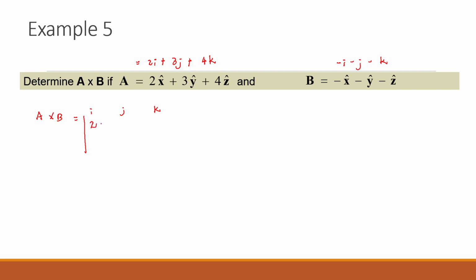A is the first row, because A cross B is not equal to B cross A. So 2i plus 3j plus 4k, and negative 1i, negative j, negative k. The result is a vector. To get component I, you close this one.